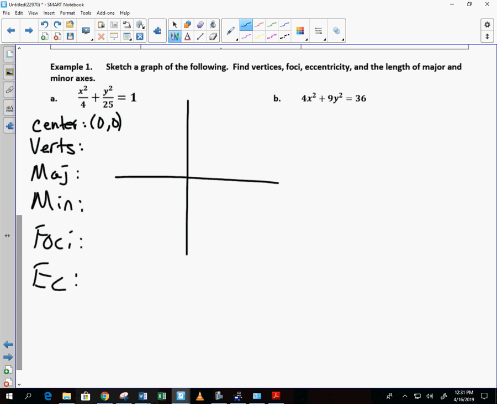How many units does it stretch vertically? So we have 2 units horizontally in each direction, and we have 5 units vertically in each direction, because the 25 is under the y, and the 4 is under the x. And as soon as I do that, that's enough information to sketch the graph.